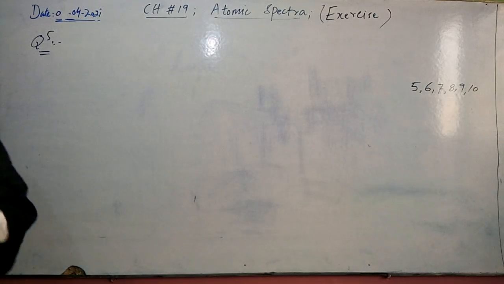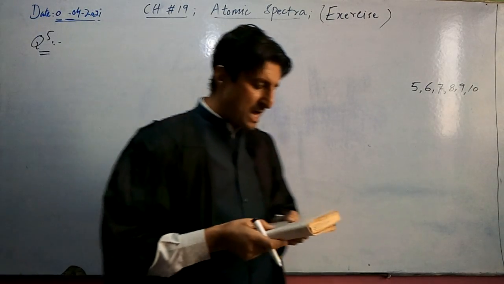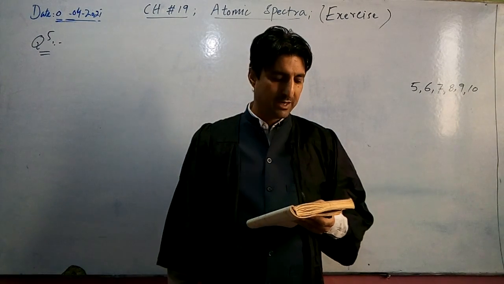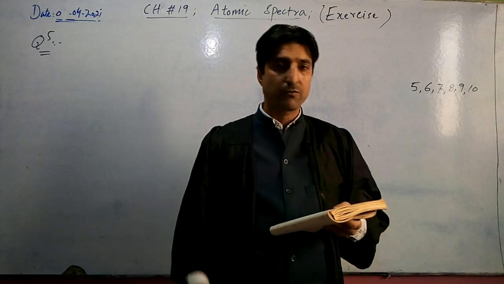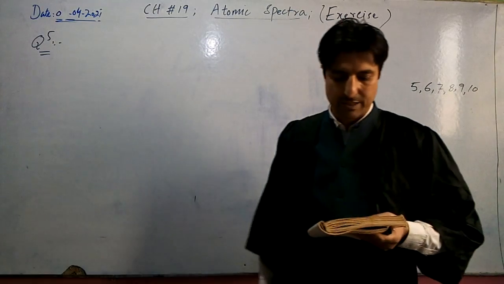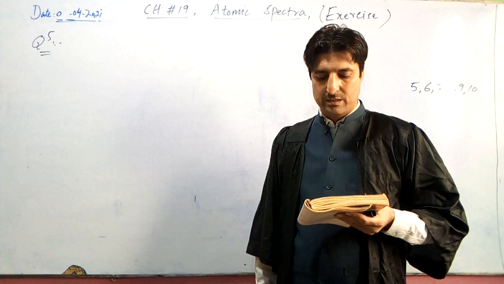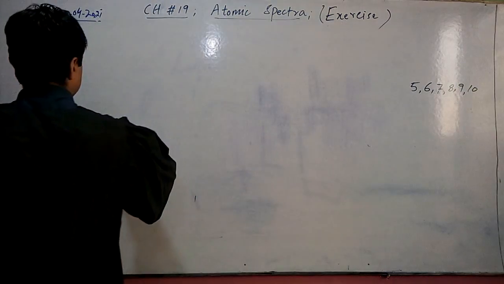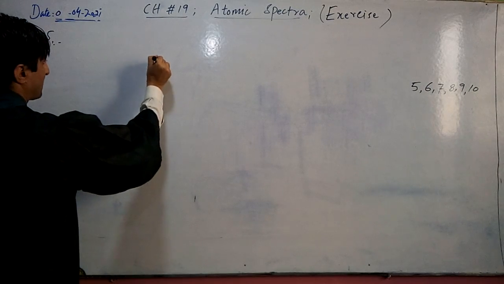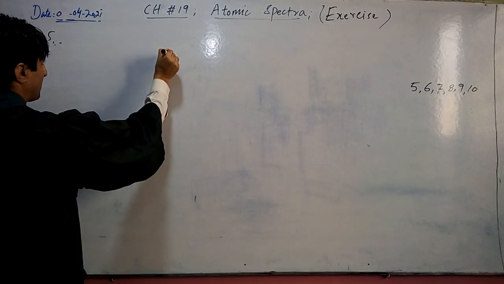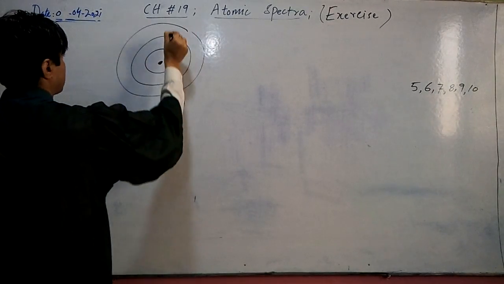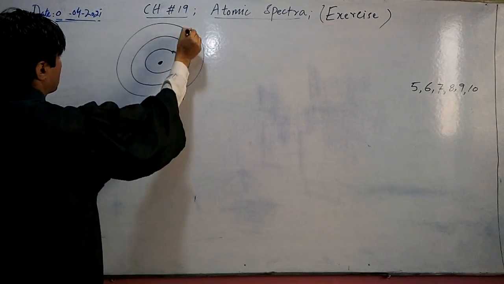In numerical number 5, it is stated that a photon is emitted from a hydrogen atom which undergoes a transition from n equal to 3 to n equal to 2 state. Calculate the energy, wavelength and frequency of the emitted photon. Suppose this is the first orbit, this is the second, and this is the third orbit, n equal to 1, 2, 3.